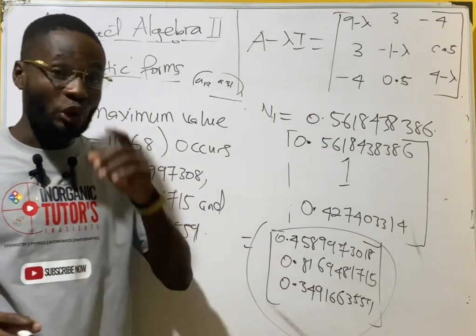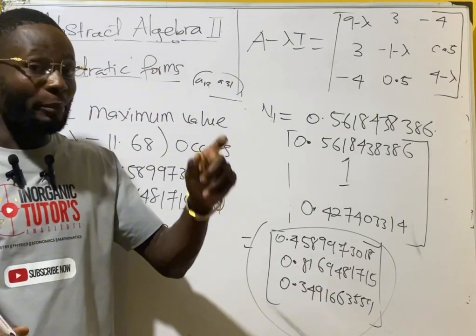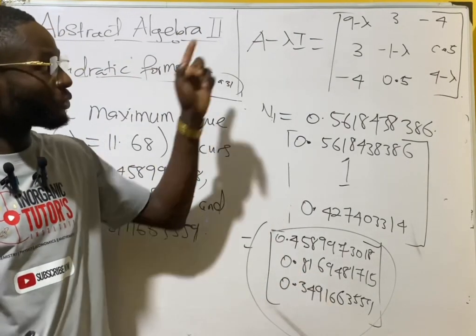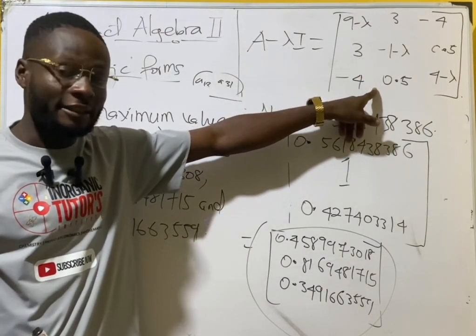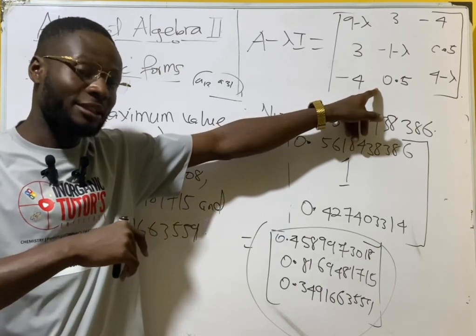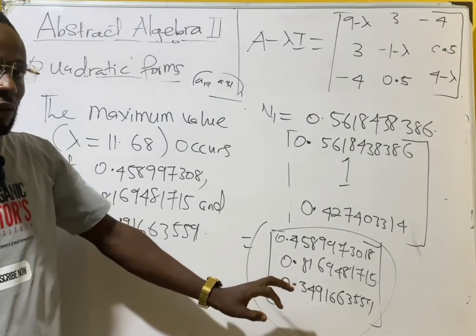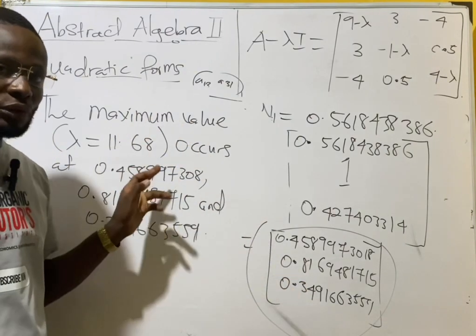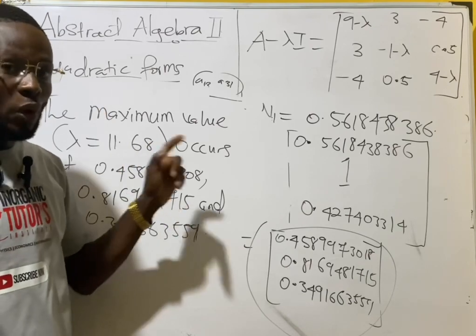All right. So you have to also do it for the smallest value, which is the minimum value. You substitute that into the matrix, then you find the eigenvector, and you also normalize that one. The result you obtain becomes where the minimum value occurs.